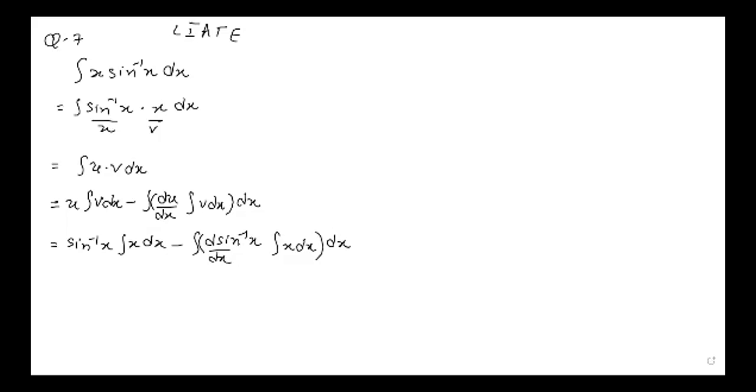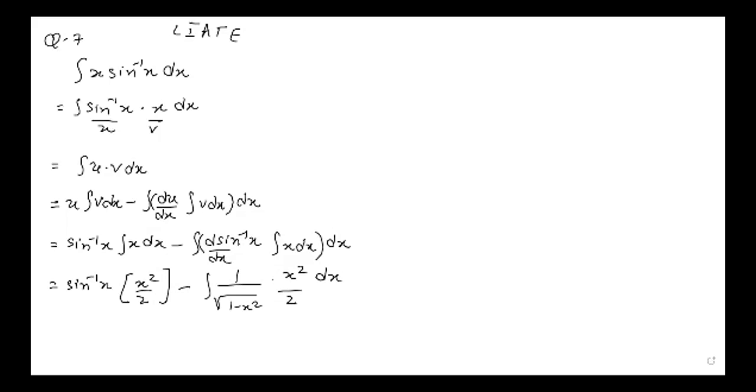Yes, so it will be sin inverse x. The integration of x will be x raised to n plus 1 upon n plus 1, that is x square by 2. The derivative will be 1 upon root 1 minus x square.